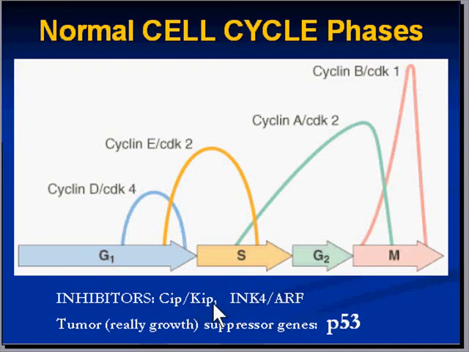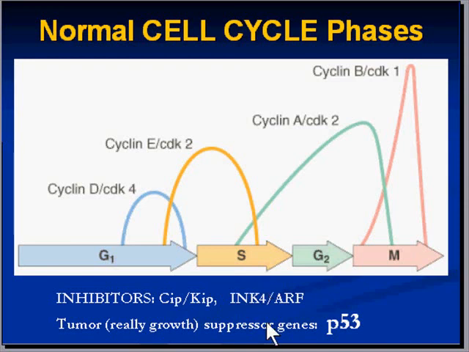And then we have the INKs, the inhibitors of kinases. Sometimes they're combined with another acronym named ARF. But just to remember, these are genes and proteins which are expressed, which inhibit these processes.